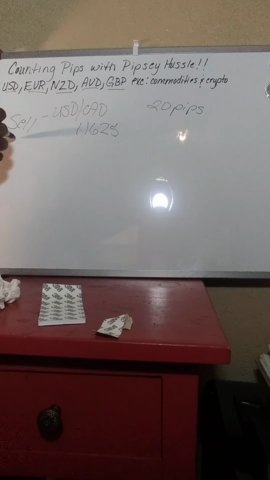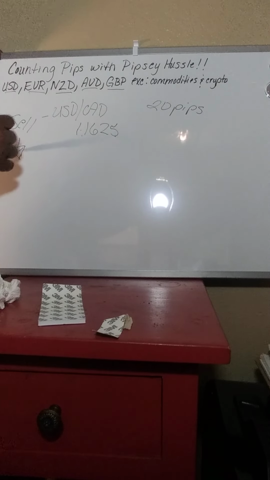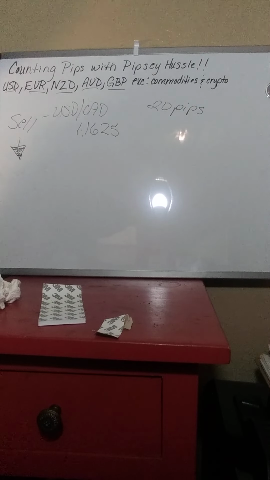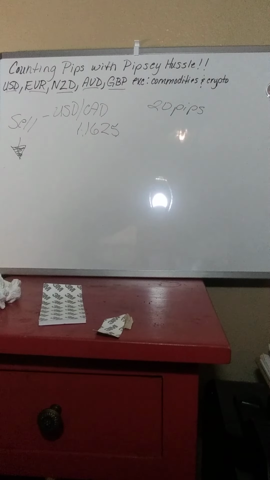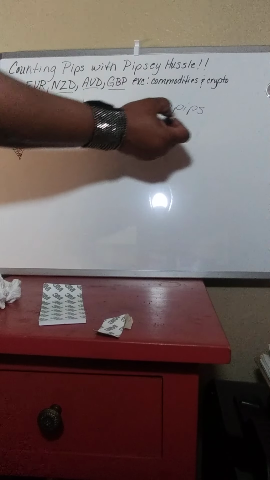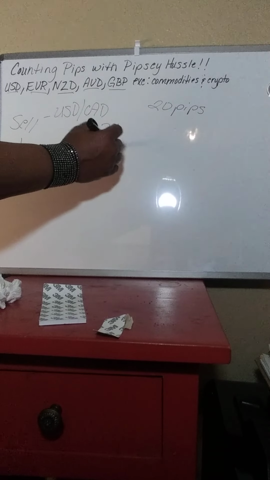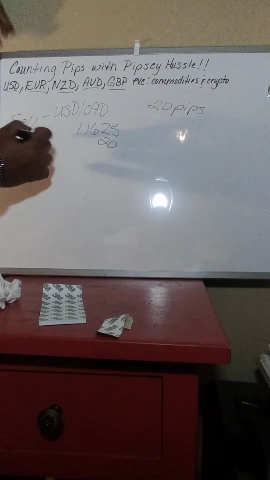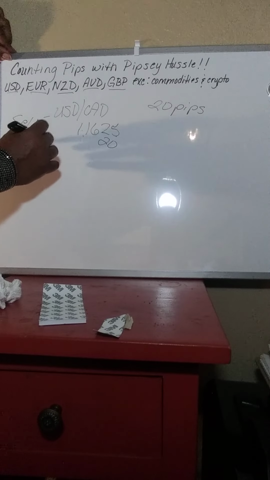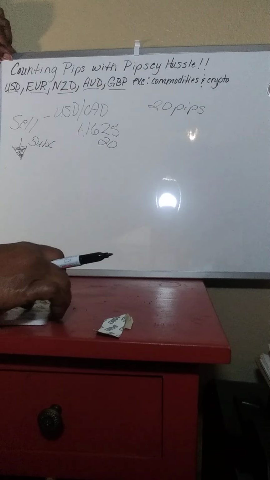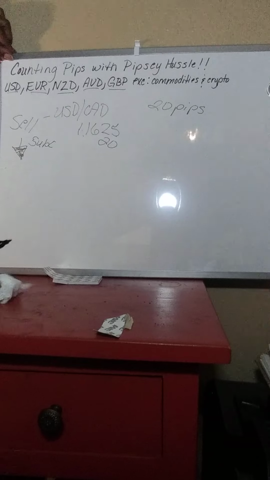So in the selling market, we want the market to go down, okay? Going down, the opposite direction. So instead of adding in order to get your 20 pips, if you're in a sell, you have to actually subtract.